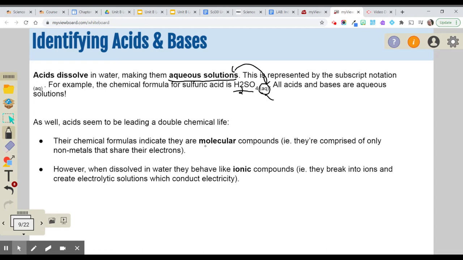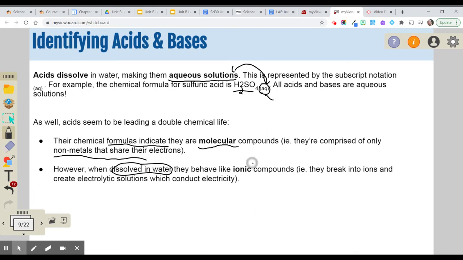Acids are also considered molecular compounds, kind of. They look like molecular compounds, so their formulas show that they're molecular because they're only made up of non-metals that share their electrons. But unlike molecular compounds that you learned about in grade 10, acids will actually dissolve in water.